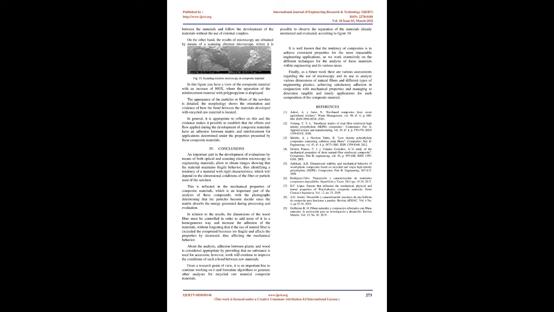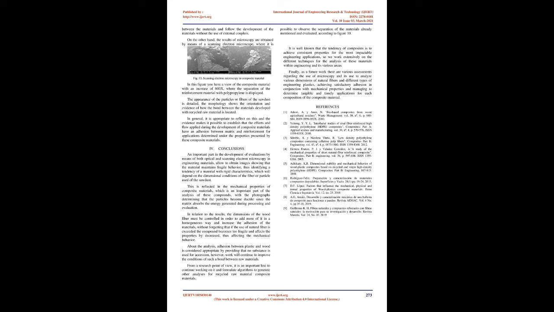This is reflected in the mechanical properties of composite materials, which is an important part of the analysis of these compounds, with the photographs determining that the particles become ductile since the matrix absorbs the energy generated during processing and evaluation. In relation to the results, the dimensions of the wood fiber must be controlled in order to add more of it in a homogeneous way and increase the adhesion of the materials, without forgetting that if the use of natural fiber is exceeded, the compound becomes too fragile and the properties decrease, thus affecting the mechanical behavior.